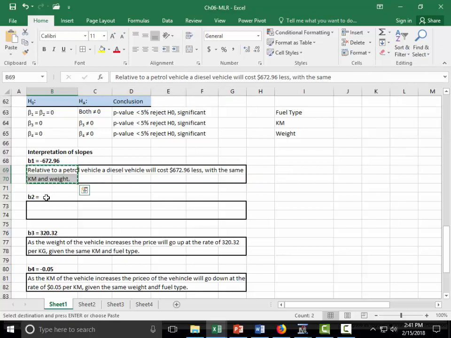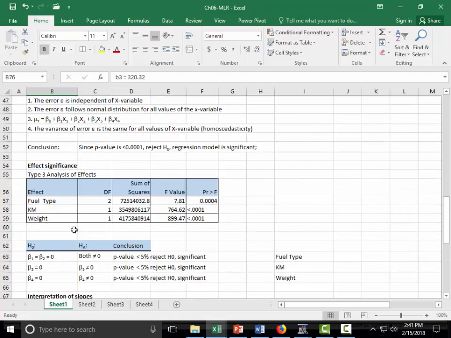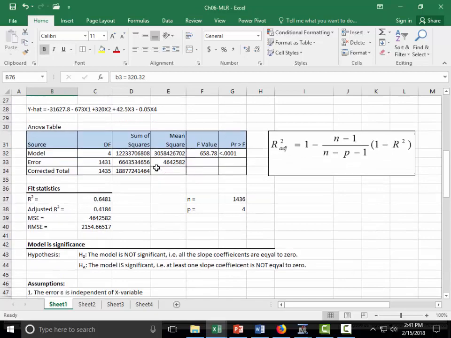Right? So I'm going to copy that here, and this is what happens when you copy. You say linear regression and linear regression a second time. So you have to be very careful when you copy paste and make changes. So let's see. Oh my God! See, I did the same mistake. B sub 3 is 42.5.